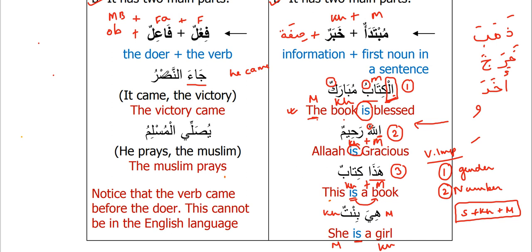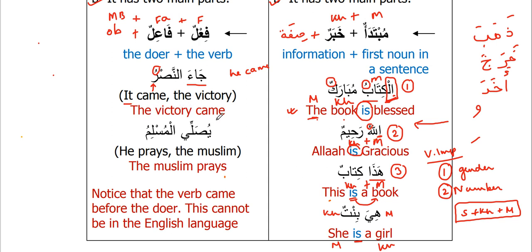So it may come in the place of a doer. See, it has a dhamma over the last letter, ra. Now it will be translated as 'it', as we did in our lesson of masculine noun, that huwa and hiya are translated as 'it' for ghair aqil. So the translation will be: the victory came.